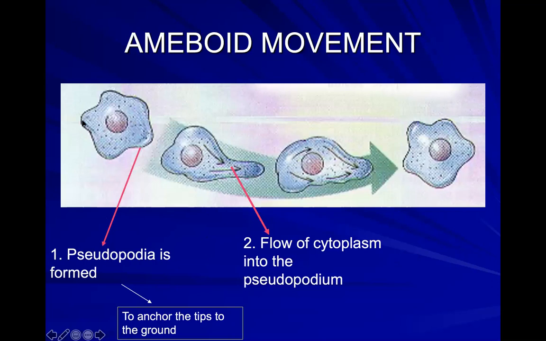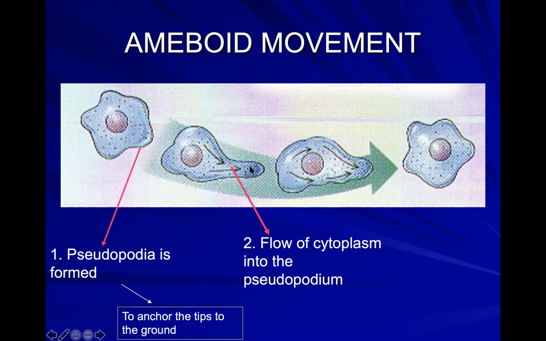The first one, this is the general shape of the amoeba. When it wants to move forward, it will form pseudopodia. As I said just now, pseudopodia is an extended, finger-like structure like this. So here, this is amoeba. Amoeba will form pseudopodia, so it will have this structure.